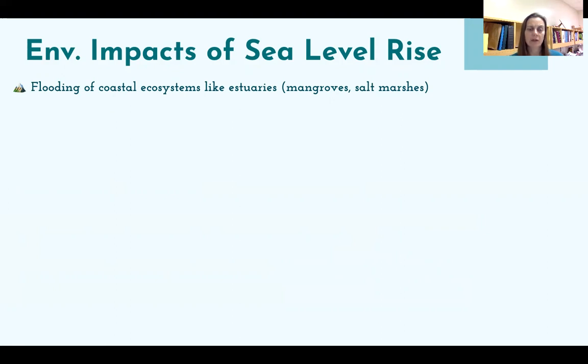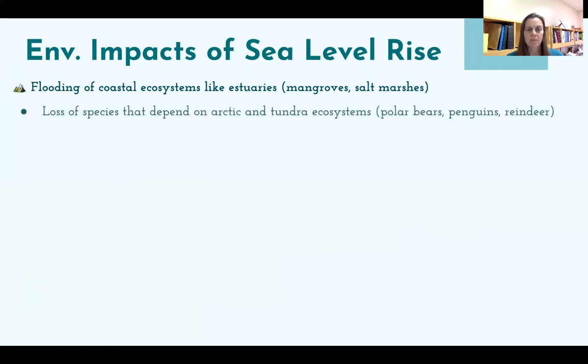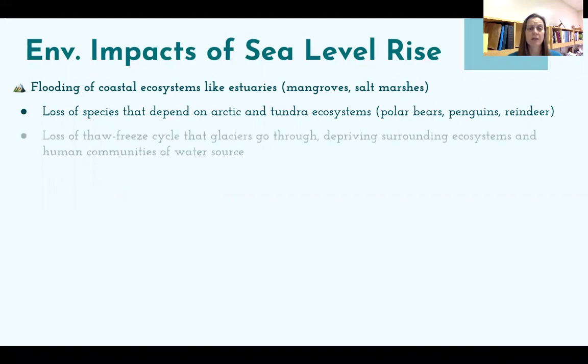And so flooding those ecosystems is going to lead to reduced populations. It's also going to lead to a loss of species that depend on Arctic and tundra ecosystems, because that freeze-thaw cycle that glaciers go through provides ecosystems and human communities with water.